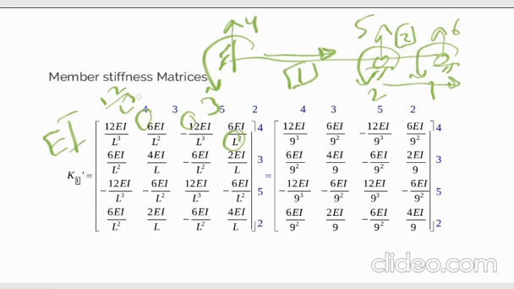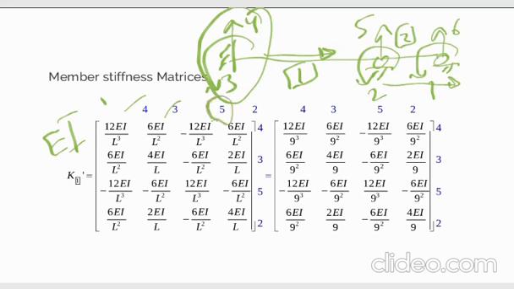We have 4, 3, these values are the numbers of the global system, and at the end of the beam we have 5, reaction or displacement, and also 2. Just substitute your values here depending on this matrix.